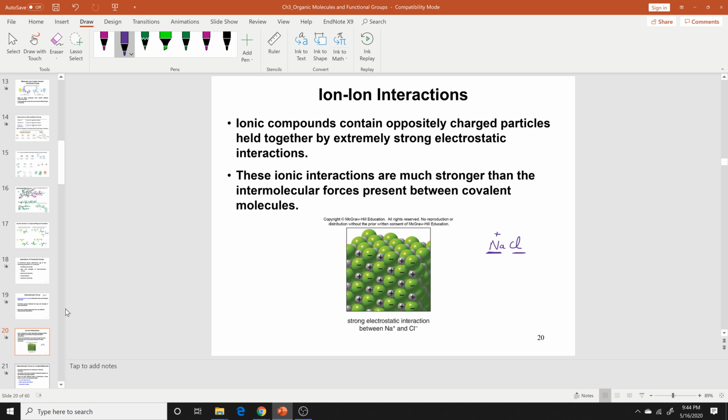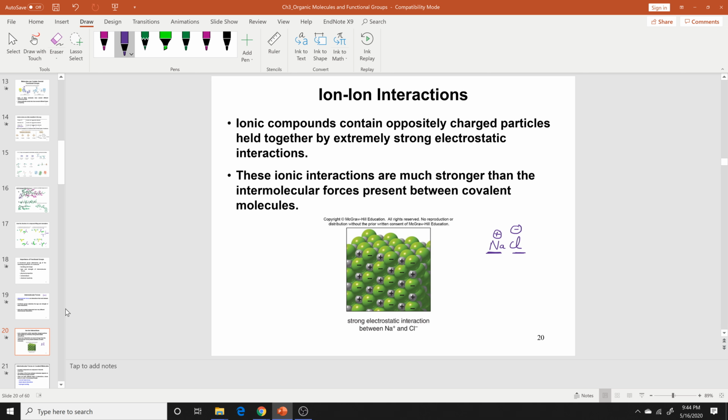It's a salt that is formed from sodium, which is in group 1, and the chlorine, which is in group 7. You can see that you have an ion-ion interaction. So the type of force between them is an electrostatic interaction. That electrostatic interaction is very, very strong. So ion-ion interaction, this is the strongest type of intermolecular forces.